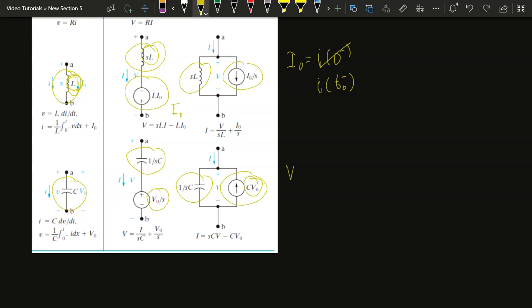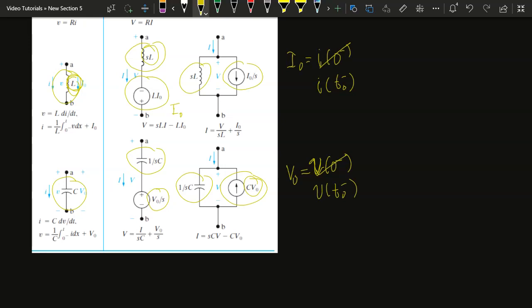And V0 is nothing but the value of the voltage across the capacitor at time 0 minus, or in general at t0 minus, just right before t0.